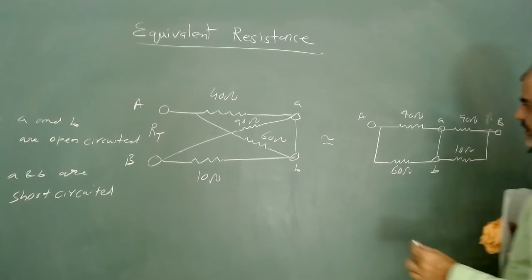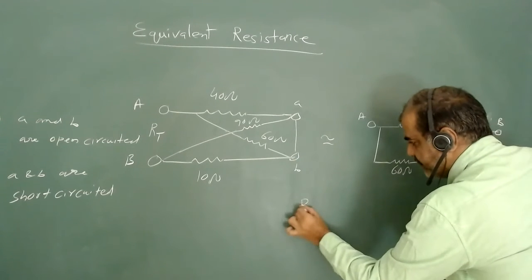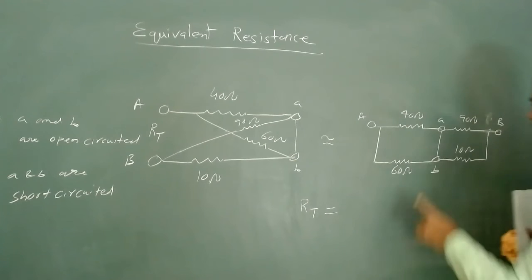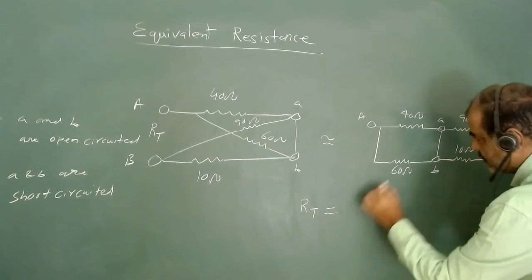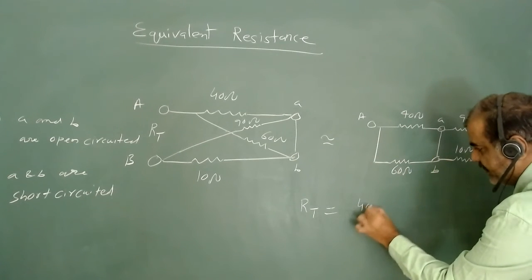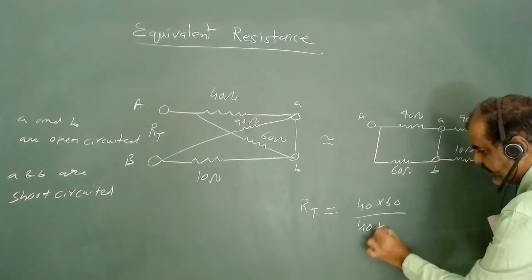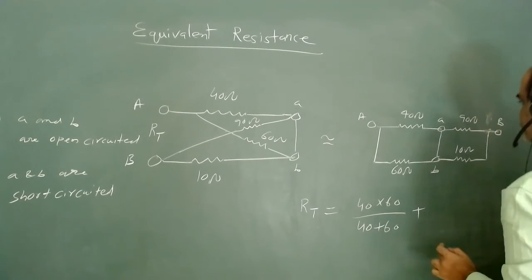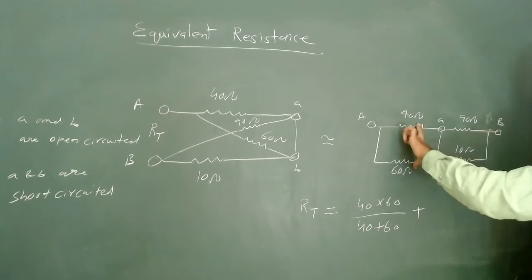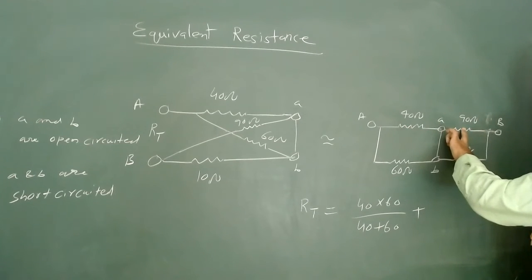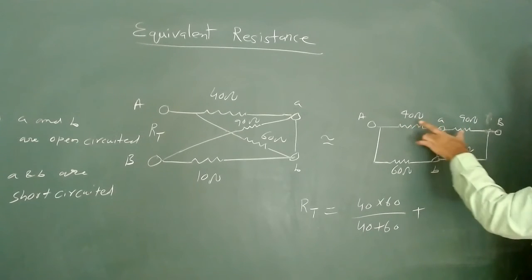So in this case, what will the RT value be? These two are parallel, so the combination of these will give 40 into 60 upon 40 plus 60. These two are parallel, these two are parallel, and the resultants of these two are in series.